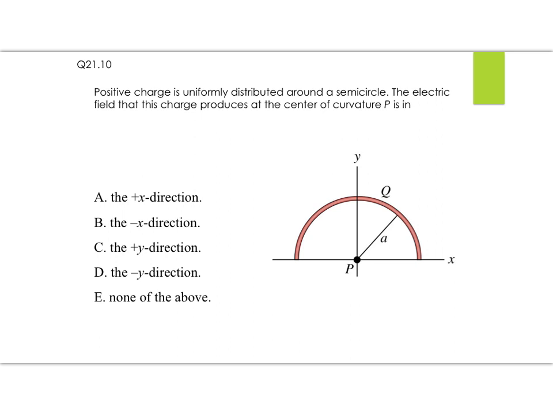This problem helps us think a little bit about what we're doing when we integrate electric field. To find the total electric field, we integrate little increments of it, which are caused by little pieces of charge. So right here, I have a dq.